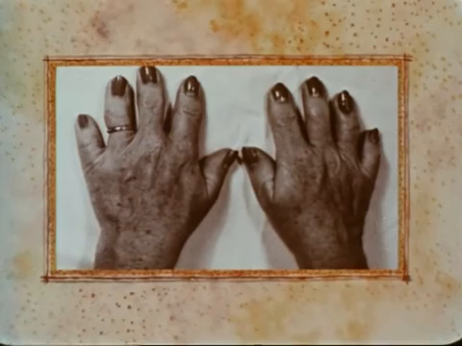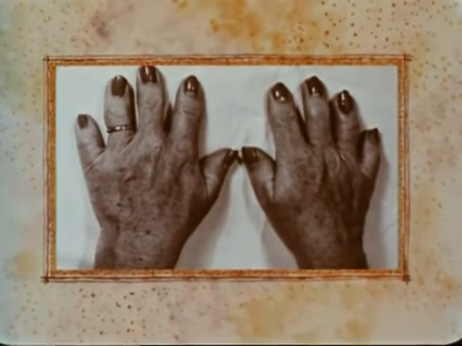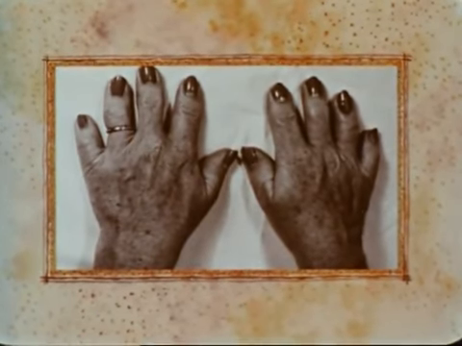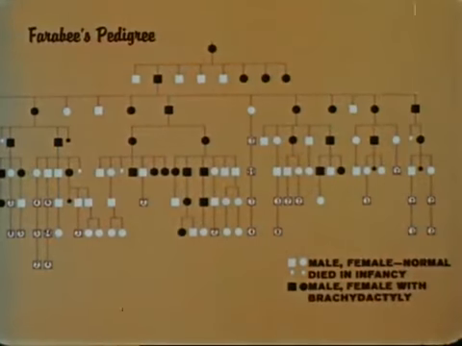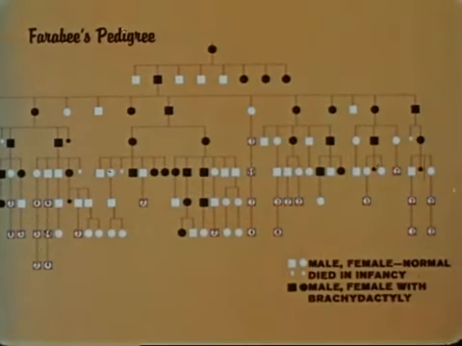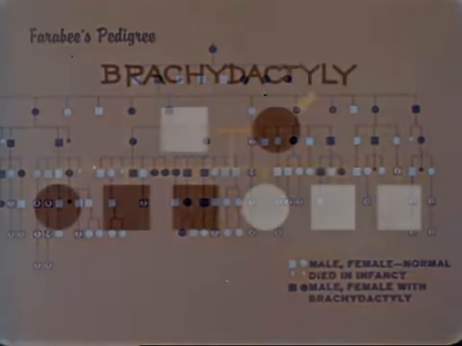Autosomal dominant inheritance is illustrated by the kindred with brachydactyly, studied by Farabi soon after the rediscovery of Mendelism. The trait occurs in successive generations. Since it is a rare condition, only one parent has it. Among the offspring of a man or a woman with brachydactyly, on the average, half the sons and half the daughters are affected.